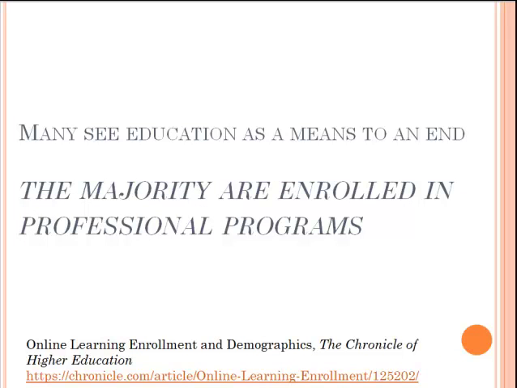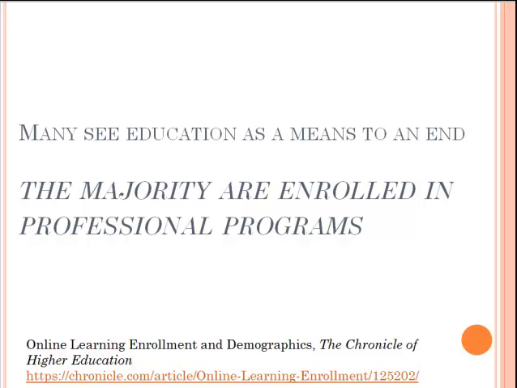Many see education as a means to an end. I think many college students who go into college right from high school don't see a clear path to a very specific career.